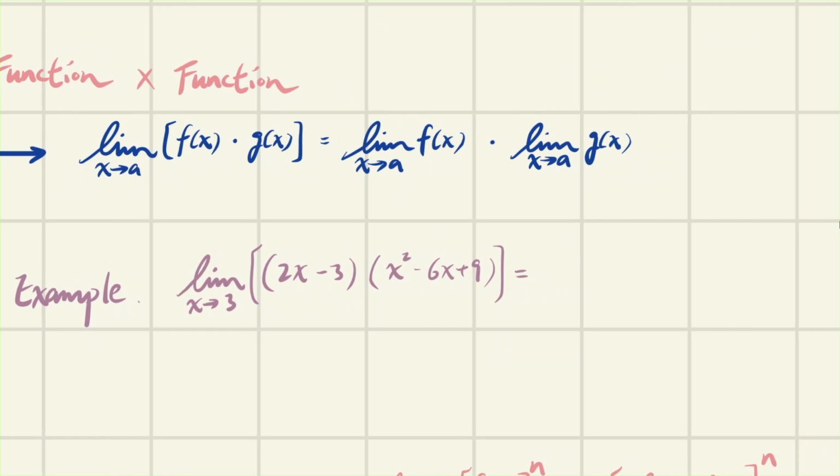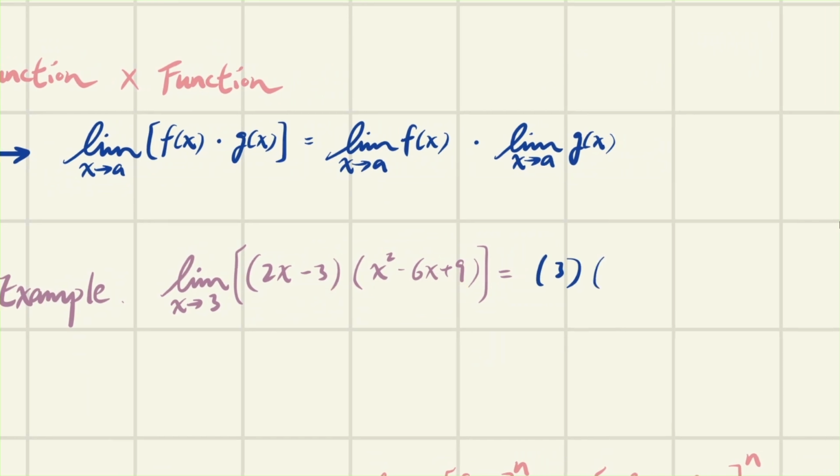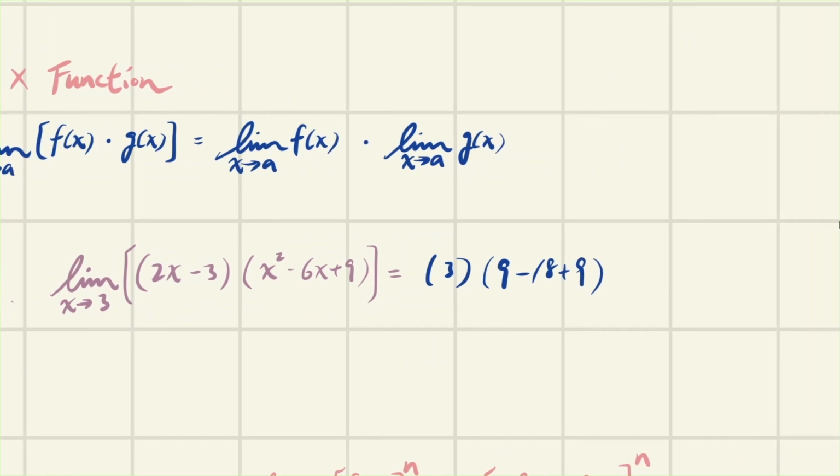Since it has a value, you can just plug x equals 3 in. So we get 2 times 3, which is 6, 6 minus 3, which is 3, so 3 times 3 squared, 9, minus 6 times 3, 18, plus 9, which is 0, so the answer is 0 here.